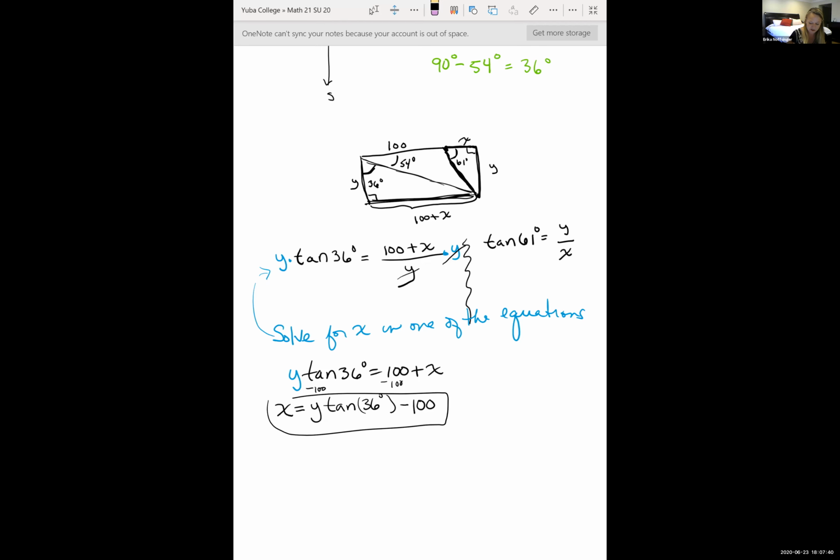Okay, so we're going to use substitution. We're going to go back in here where we see X and replace it with what this is. So I have tangent of 61 degrees is equal to Y divided by X, where X is Y tangent of 36 degrees minus 100.